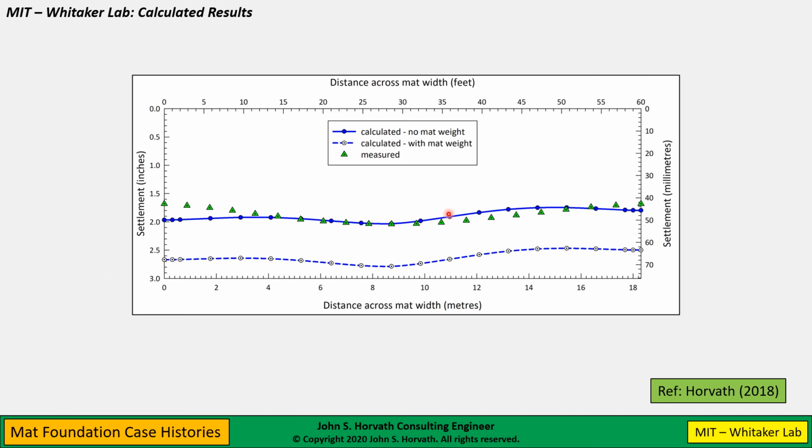I think the reason we get this good correlation is because they only established the settlement points on the mat in the basement after the mat was poured and some of the basement walls were erected. So I think the soils had reconsolidated under the weight of the mat, which is why the better correlation here was with no mat weight.